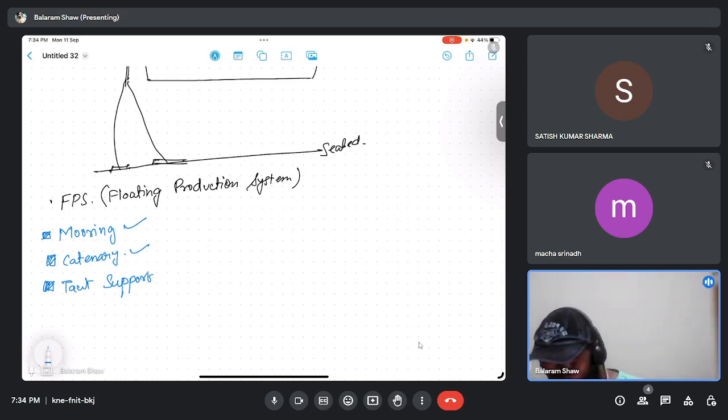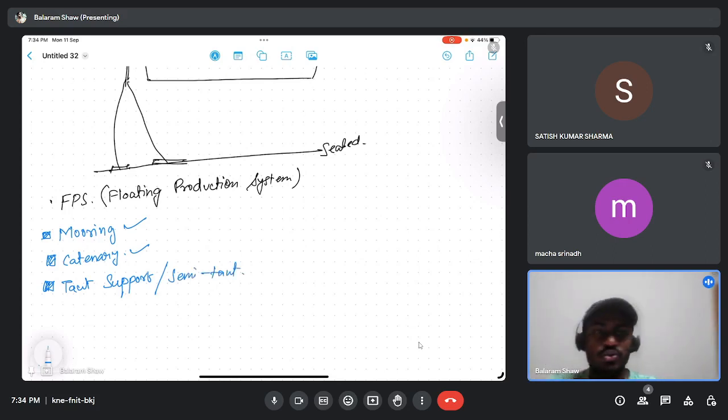Then we have taut support, sometimes called semi-taut support or semi-taut mooring. In the case of deeper water, mooring by means of a catenary will not be feasible, because it is only feasible for shallow water depth. When we go for deeper water, because of the heavy weight affecting the design of the platform, we can't use catenary mooring.